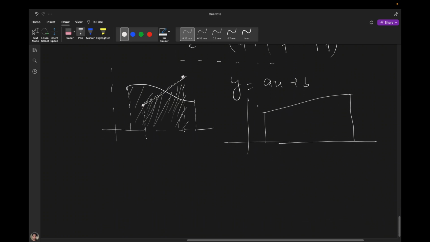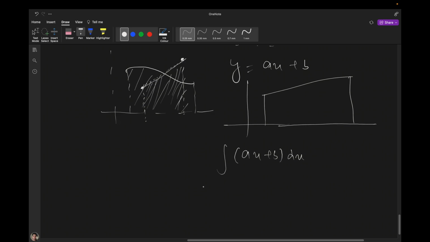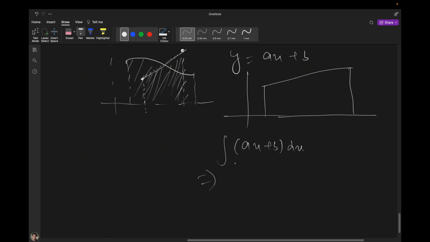Now when you try to find the area of this function, that will be the integral of ax plus b dx. Suppose you compute it in software for a very large mesh, the computational cost will be very high.